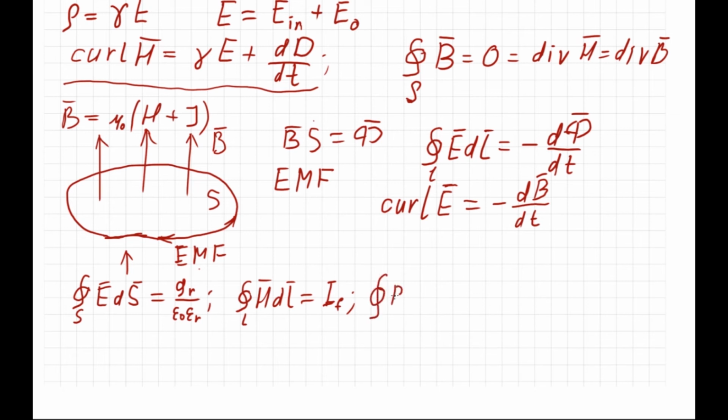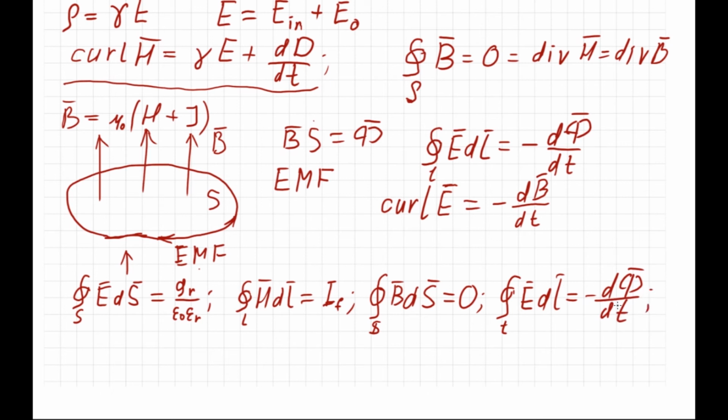The integral of B dS equals 0. The integral over L of E dl equals minus d phi divided by dt. This is the integral form.